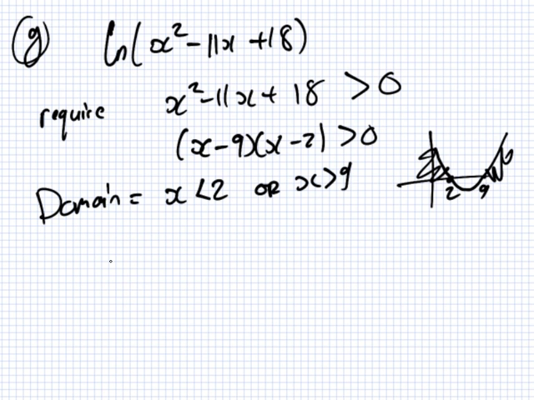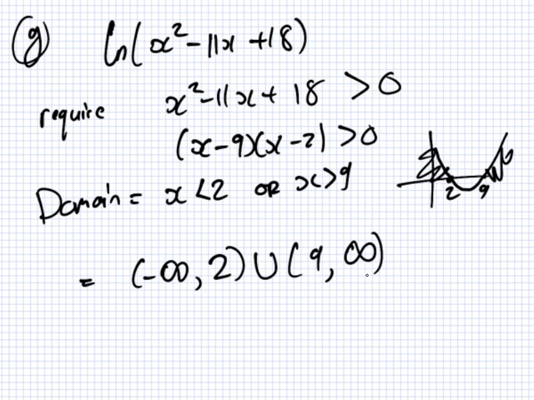If you want to write it out as sets, it's from minus infinity to 2 or 9 to infinity. In other words, for this function, we cannot use the values between 2 and 9. We need to use outside of this so that the quadratic can be positive, so that the log is defined.